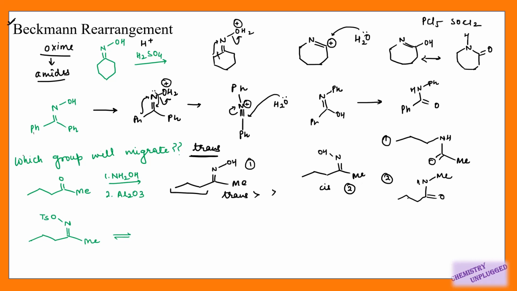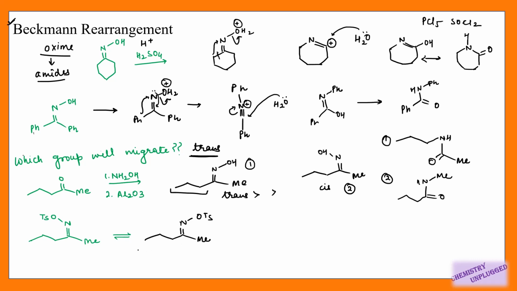Next case is when we have tosylate group attached here. Instead of OH, we have tosylate attached here, and this molecule can rapidly convert into this trans form, and the interconversion is much faster than rearrangement reactions, right?